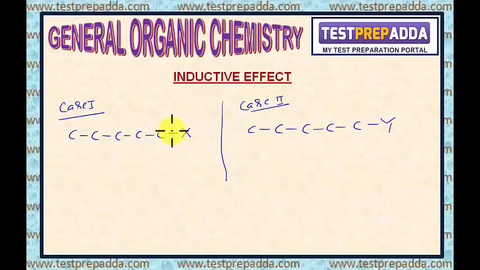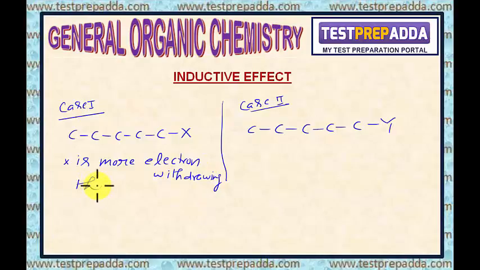Here, this X is more electron withdrawing than carbon, like NO2, like Cl.